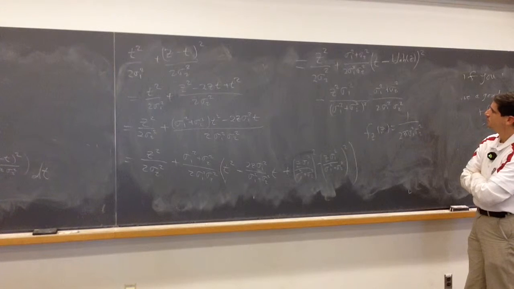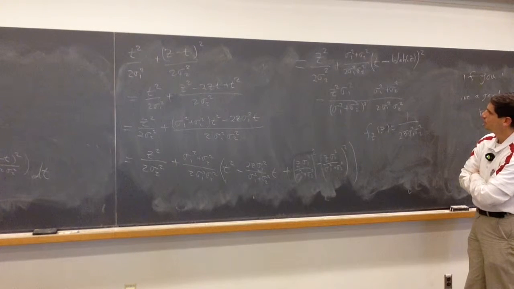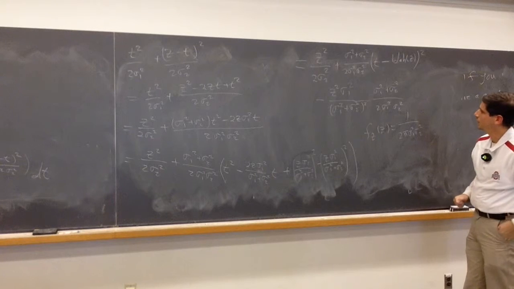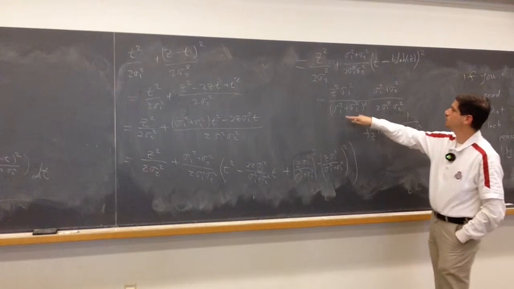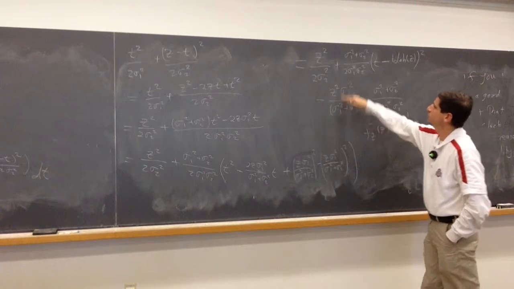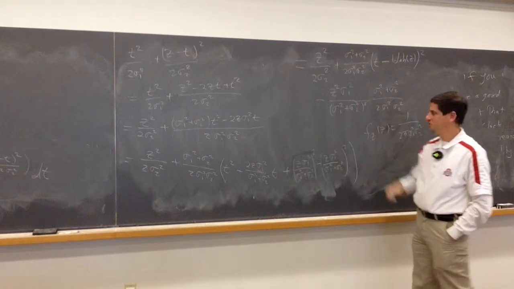If I made an algebra mistake, you have an extra factor in the denominator, sigma 1 squared plus sigma 2 squared. Okay, we still have a sigma 1 squared plus sigma 2 squared, so we multiply this by sigma 1 squared plus sigma 2 squared.